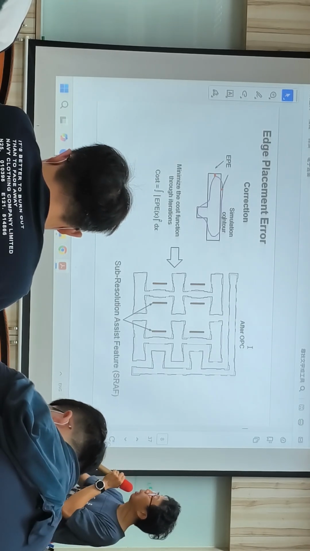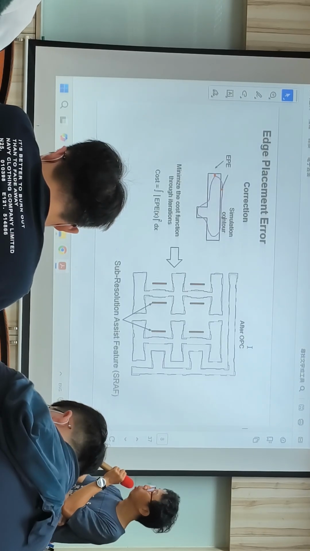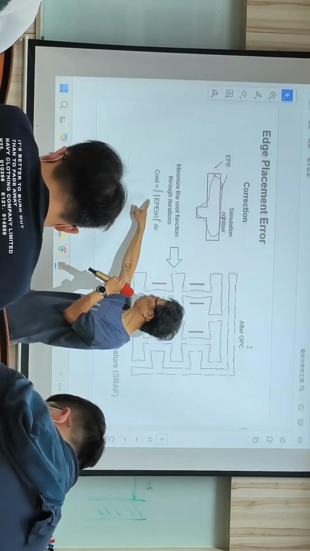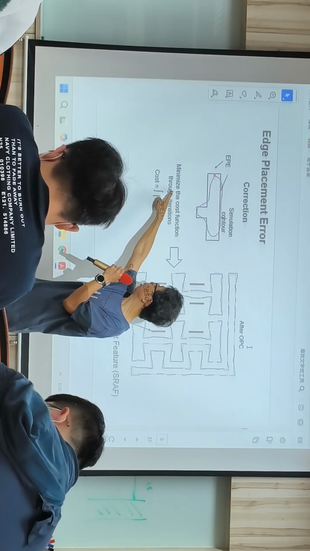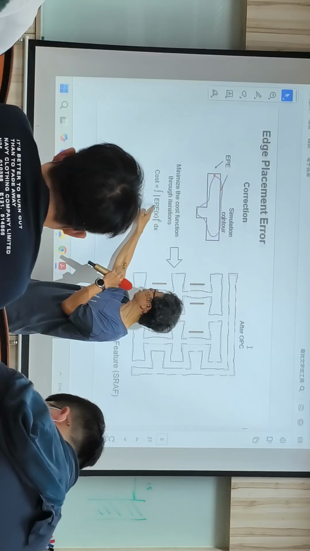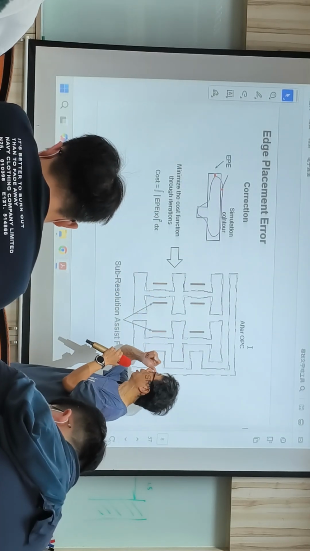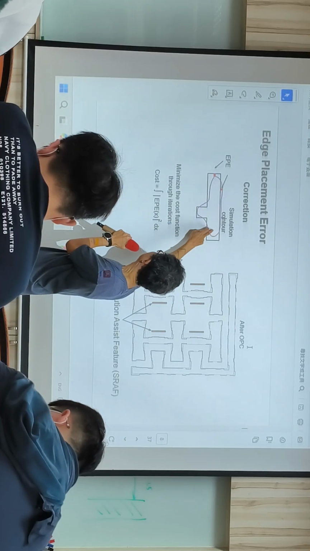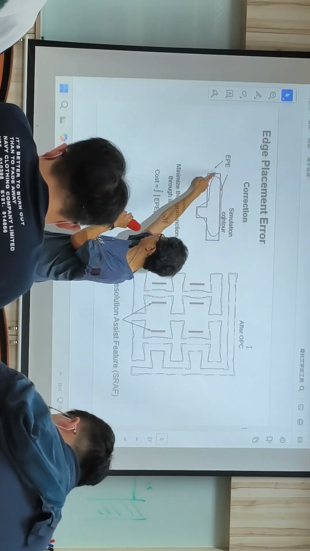Okay, and at the end they will add a weight function, and then they give out the cost function of these. The reason is to try to minimize the cost function because there's a thing we call EPE, edge placement error. Because if they don't do any OPC, this is the design.